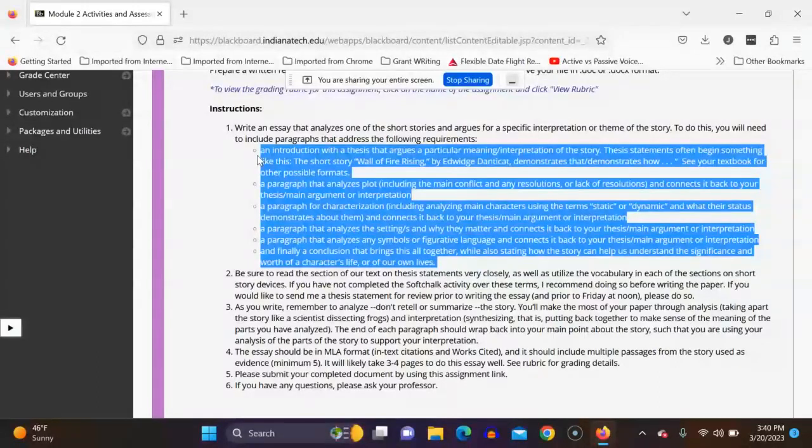Like this, and you can tweak it to make it work for you. For example, the short story Wall of Fire Rising by Edwidge Danticat demonstrates how blah blah blah.